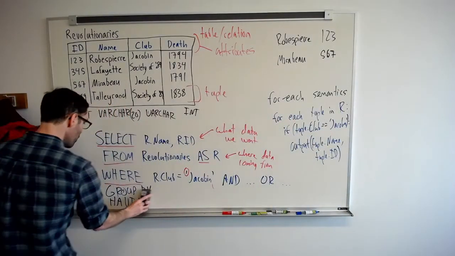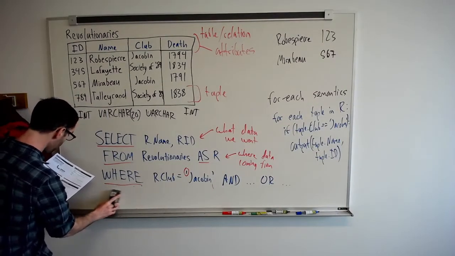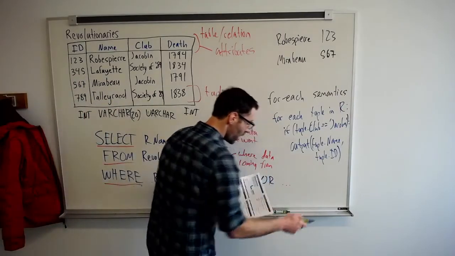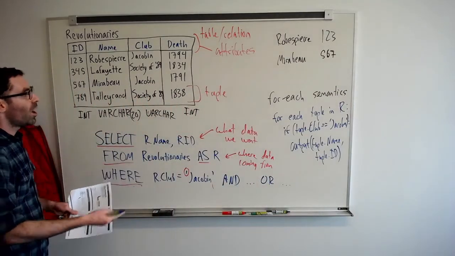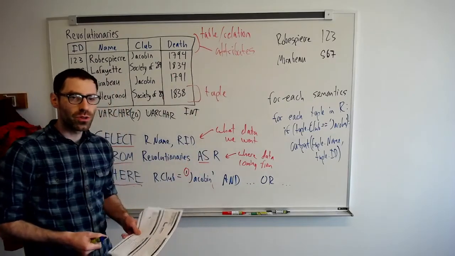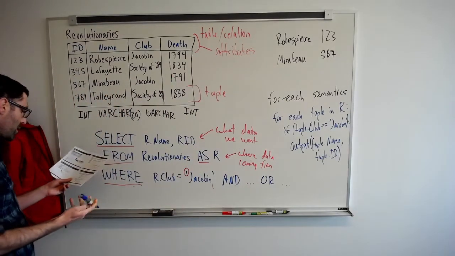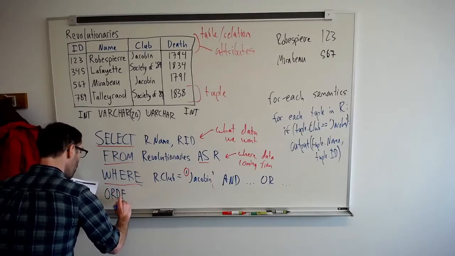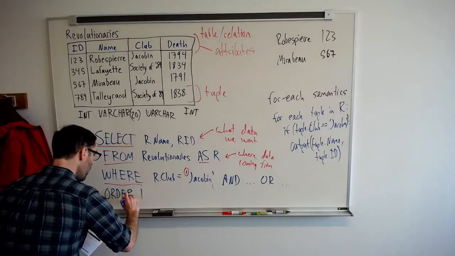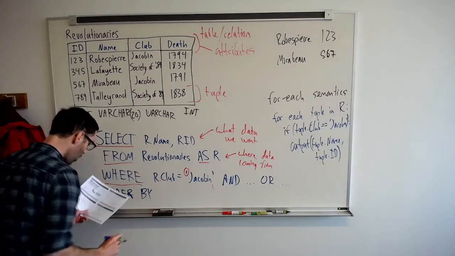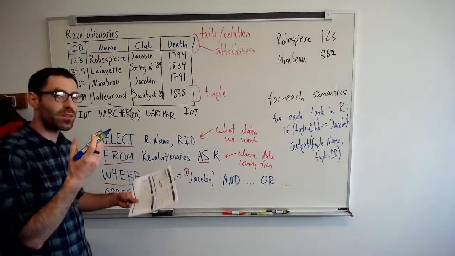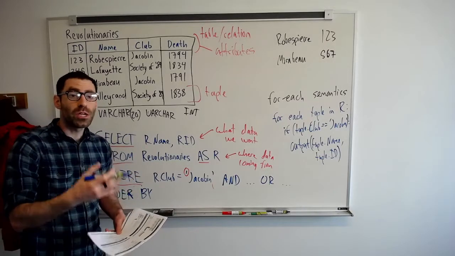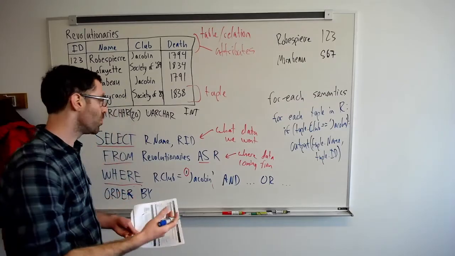In addition to the group by and having that I previewed, if we wanted to, say, order our output according to the year of death, we could have an order by clause here, and then we give the attributes that we're going to use to sort the output tuples.